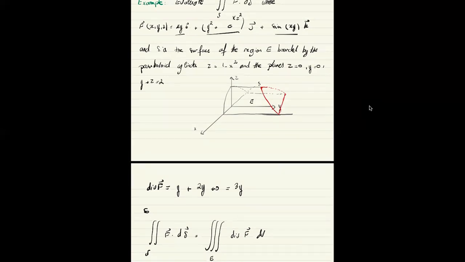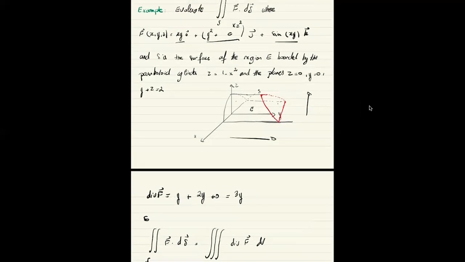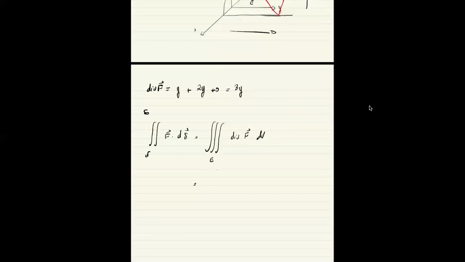It's going to be very complicated as a type 1 region, because here it's the surface of the plane, and here it's the surface of the cylinder. But if you do it as a type 2 region, meaning that you see it like this, then z will be the y. So for each point, you go from 0 to the top, right?